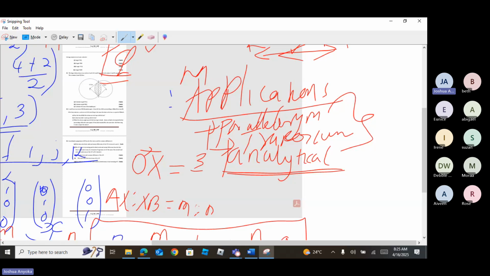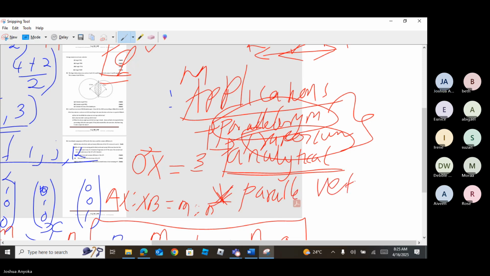We use the idea that there is a pair of parallel lines in a trapezium, so we want to use the idea of parallel vectors, and we use the idea of collinear points.